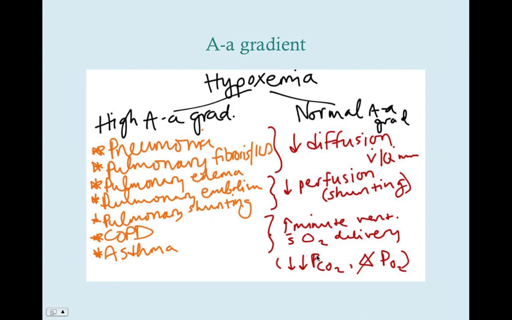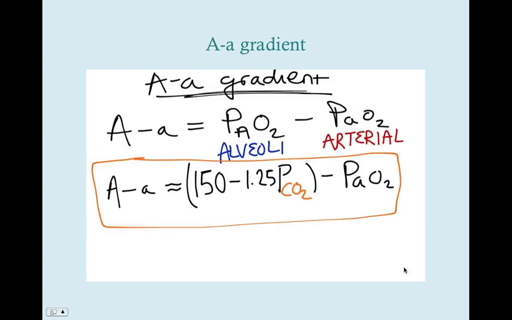If anything, your oxygen level is going to go down because you can't get the oxygen delivery. You can just get the CO2 out. So your partial pressure of CO2 goes down, meaning 150 minus 1.25 times PaCO2 goes up, it's higher, and this leads to an elevated AA gradient.